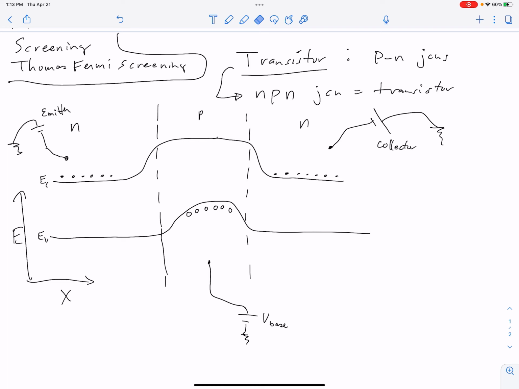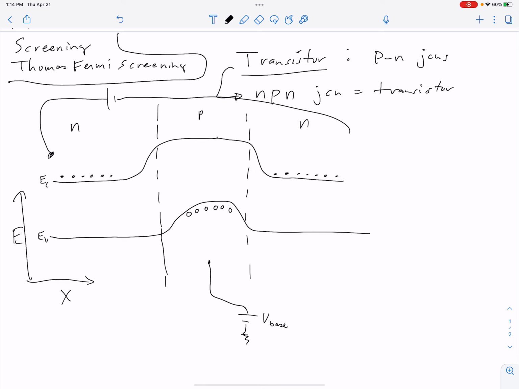I think this collector and emitter business is kind of a pain, so let's think of it differently. Let's just put one battery across the whole thing, and we'll call it the source drain battery, with a current meter there. Let's assume the source drain voltage is simply equal to the collector voltage minus the emitter voltage. I think this makes more sense.